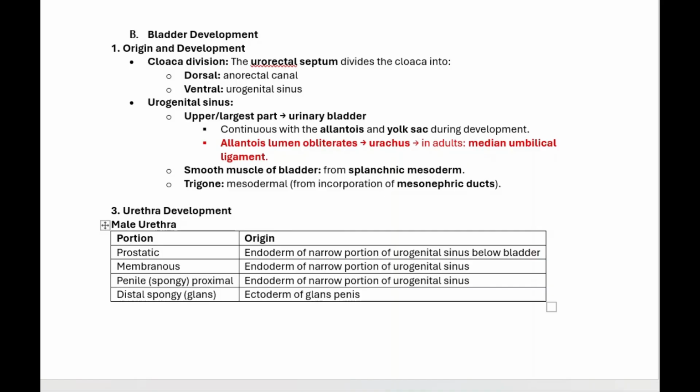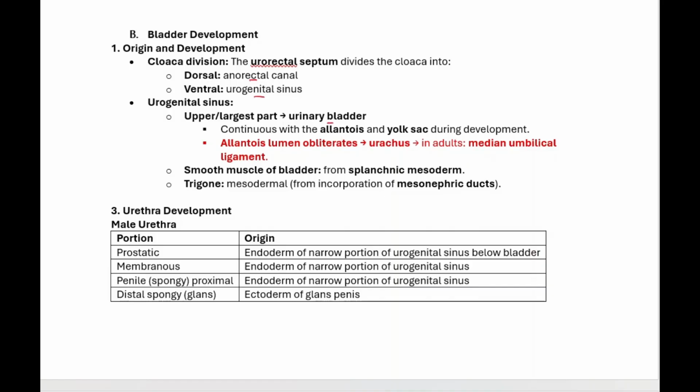The dorsal part is going to become the anorectal canal, whereas the ventral part is going to become the urogenital sinus, and that urogenital sinus will ultimately become the what? The urinary what? Bladder. So when we look at the urogenital sinus, the upper part, which is the largest part, is what is going to become the urinary what?